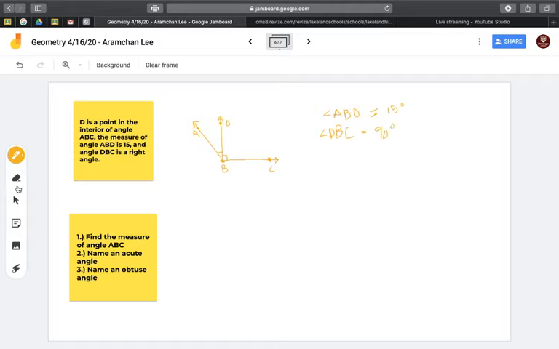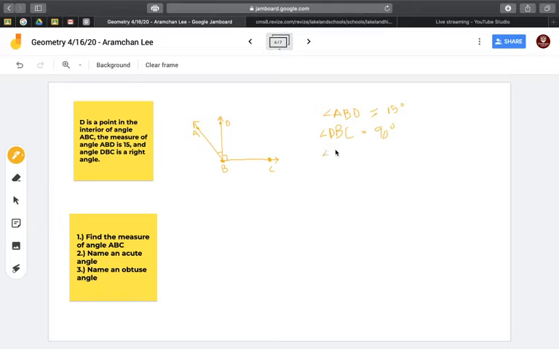So our first task is to find the measure of angle ABC. So we have the measure of angle ABD, which is right here, and the measure of angle DBC, which is over here. So these two angles share a vertex at B, meaning that if we were to add these two separate angles up, we would get the whole angle of ABC. So let's do that.